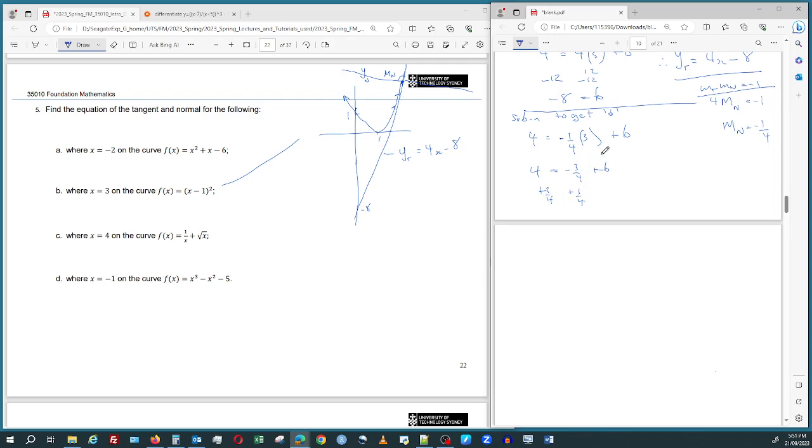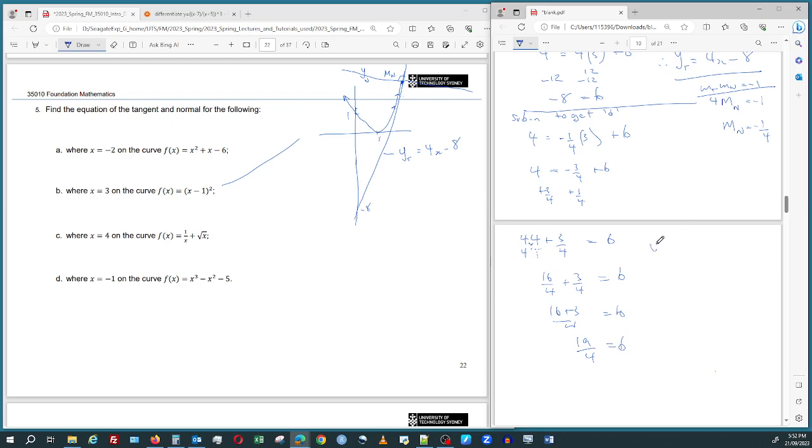You've got to deal with fractions. So 4 plus 3/4 is 4 3/4. That's a bit of a blessing in disguise, but you know me, I want to do it like this. So we've got 4 times 4, 16 over 4 plus 3 over 4 is 16 plus 3 over 4, which is equal to b. 19 on 4 is equal to b.